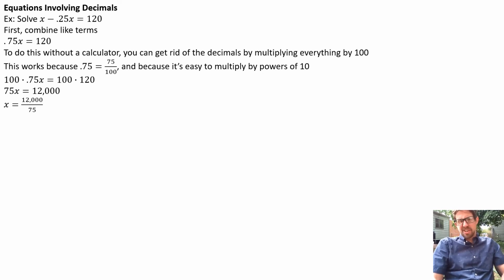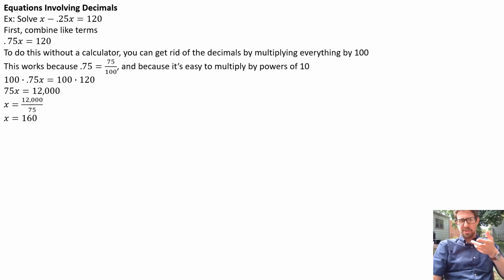So you can start taking out factors. They both have a factor of 25, so you'd probably take that out. They also both have a factor of 3, so this would actually be the same as 4,000 over 25, right? Which 4,000 divided by 25 is 160. So however you get there.